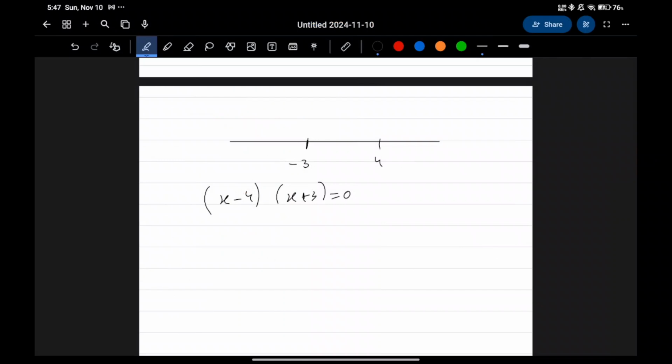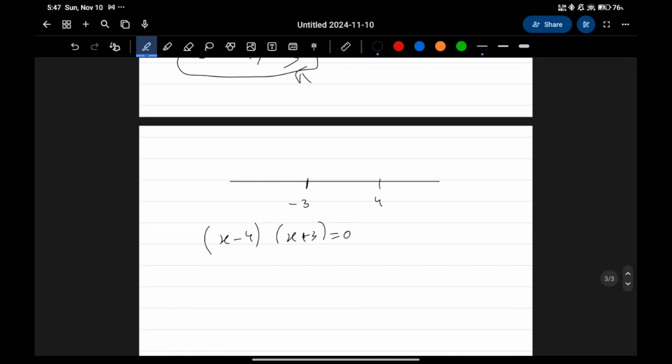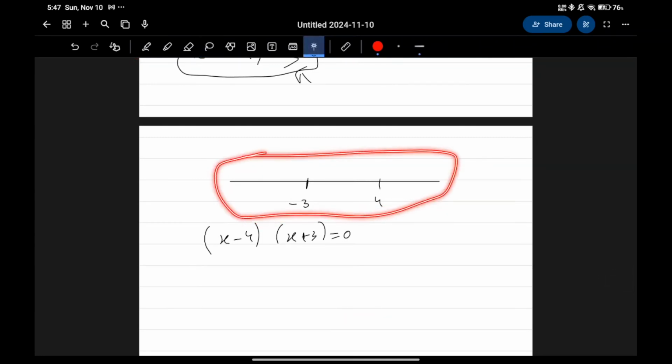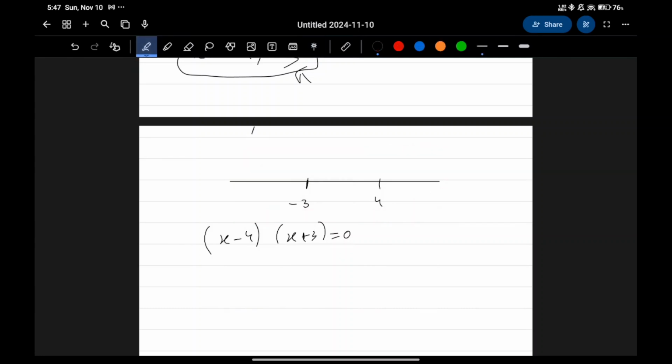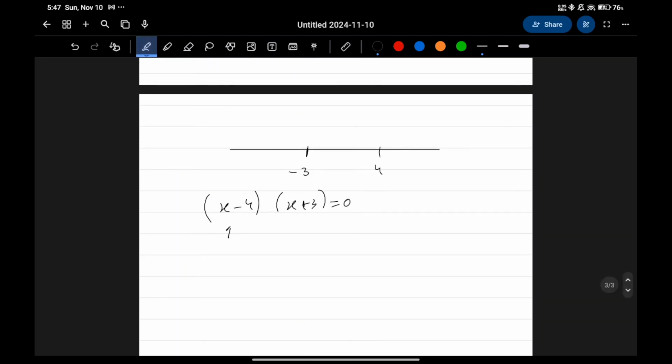Now, the way to find the local min and max, we need to find the increasing and decreasing periods. So for that, you have this number line, right? This is required for us to do the first derivative test. Now, pick a number smaller than negative 3. We are going to test for this region. Let's say I pick negative 4. Put negative 4 over here.